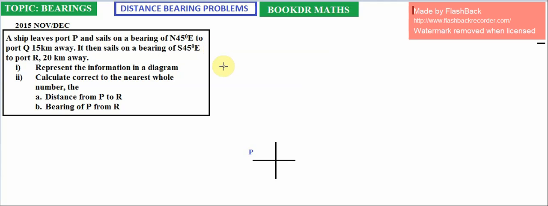Then he sails north 45 degrees east. It implies at the North Pole, turn 45 degrees towards the east. Then he moved 15 kilometers away. Let me end the 15 kilometers here. Remember, after you draw this line, all other lines will be subjected to this one.